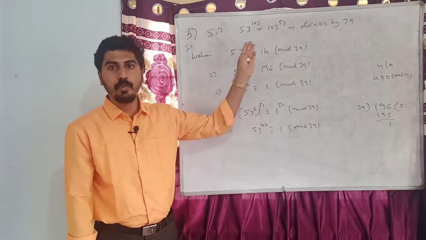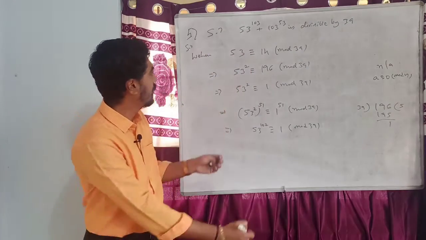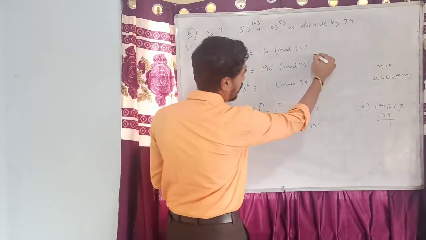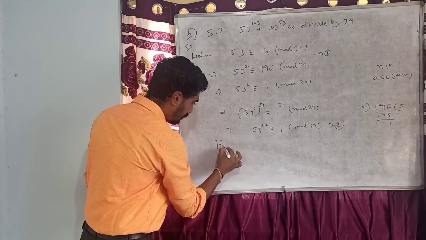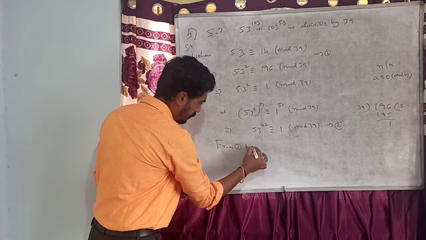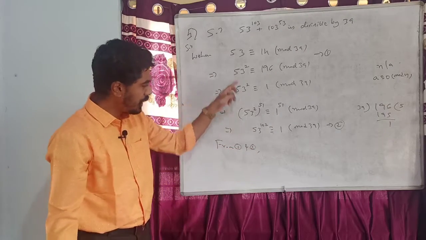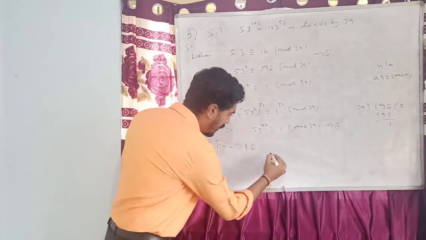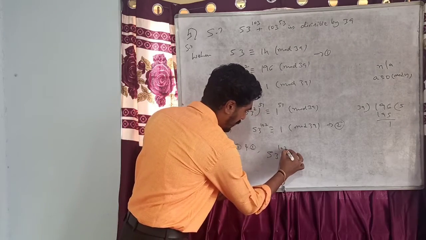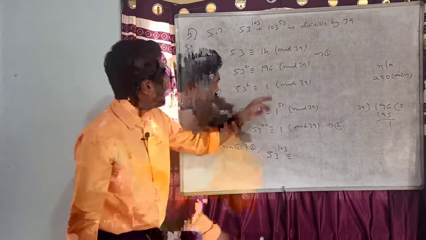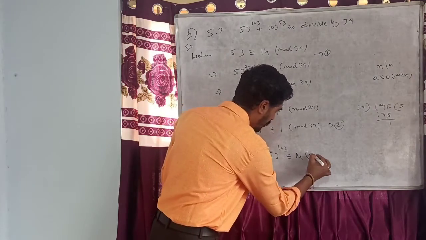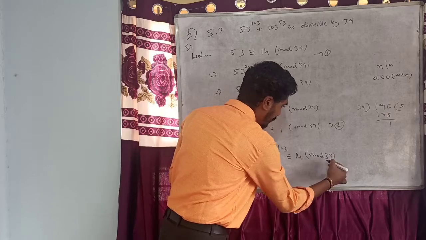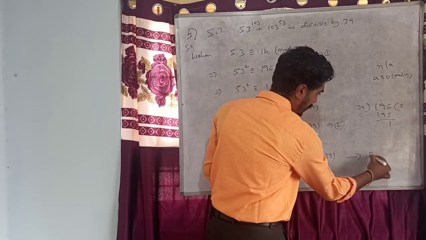Here we need to get 53 power 103, so I multiply these two congruences. This is 1, this is 2. From 1 and 2, we have 53 into 53 power 102, which is 53 power 103, is congruent to 14 into 1, which is 14 modulo 39. Let me take this as A.